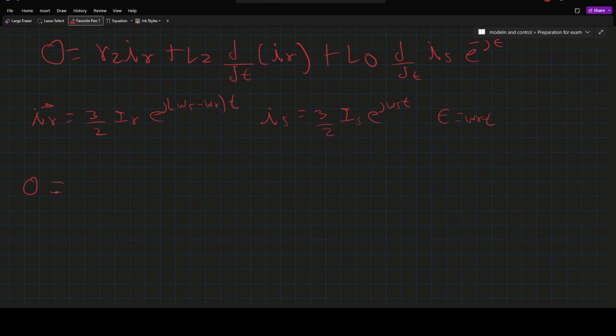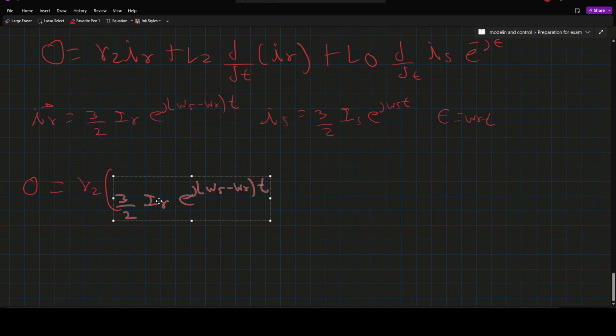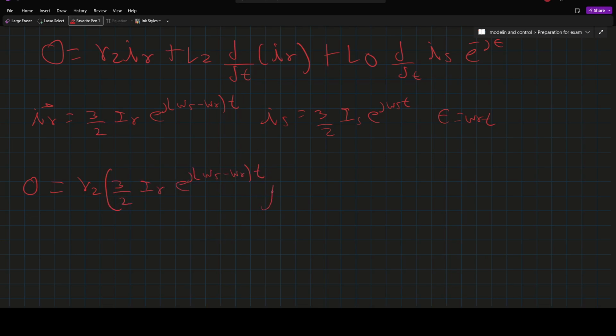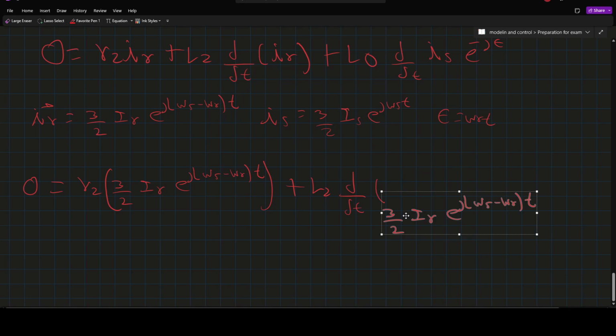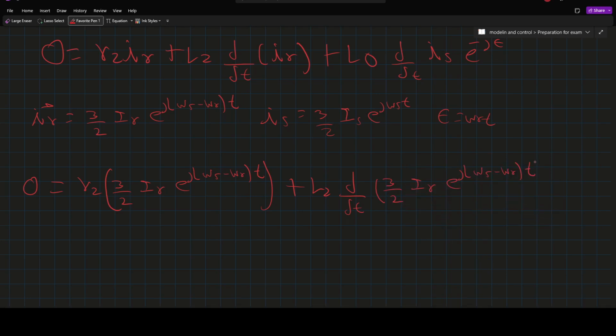So we are going to get that 0 is equal to R2 that multiplies IR, that is all of this, plus L2 that multiplies the derivative of IR, plus L naught d/dt that multiplies Is, the derivative of Is times e to the minus j omega RT.